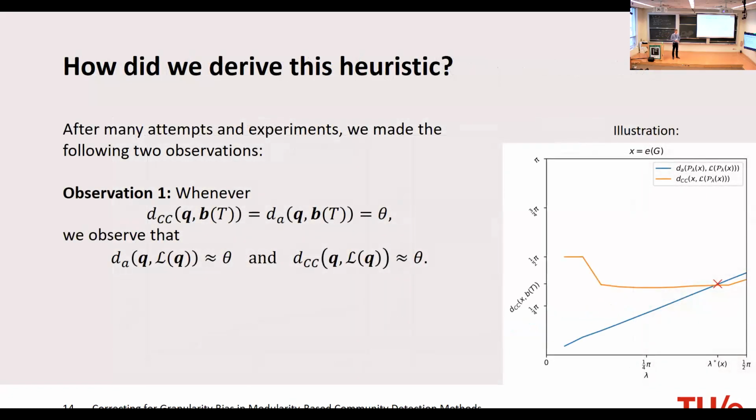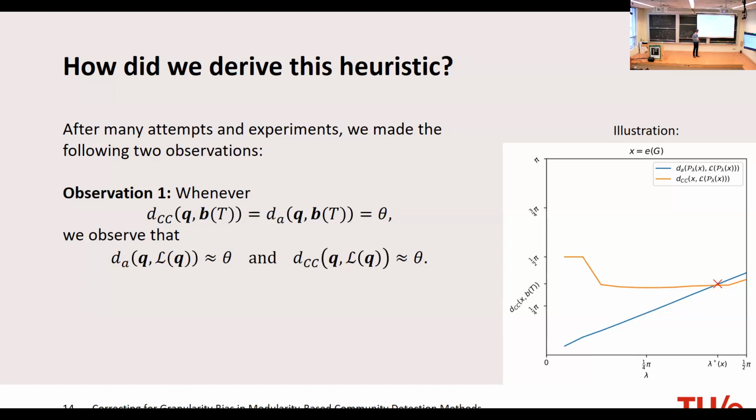The way that we attempted to tackle this problem was basically by running a lot of experiments, and in the end we spotted some useful patterns that we managed to exploit and turn into the heuristic from the slides before. What we noticed is that, as a function of the latitude of a query vector, the point where the angular and correlation distance between the query and the true partition intersect is also the point where these two distances between the query and the candidate clustering intersect.